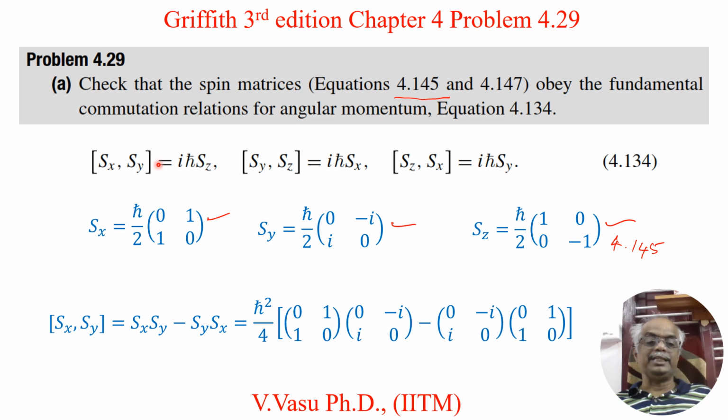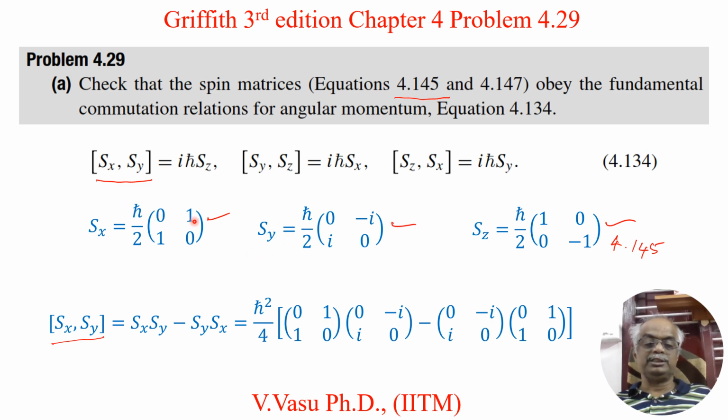So first take this one. That is the commutation between Sx and Sy. This can be written by definition as Sx Sy minus Sy Sx. The X matrix is ħ over 2 and the Y matrix is also ħ over 2.